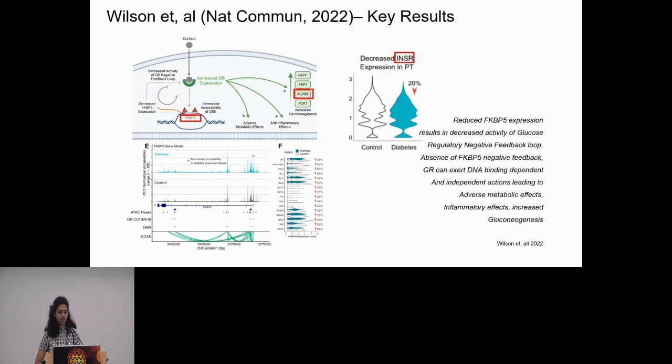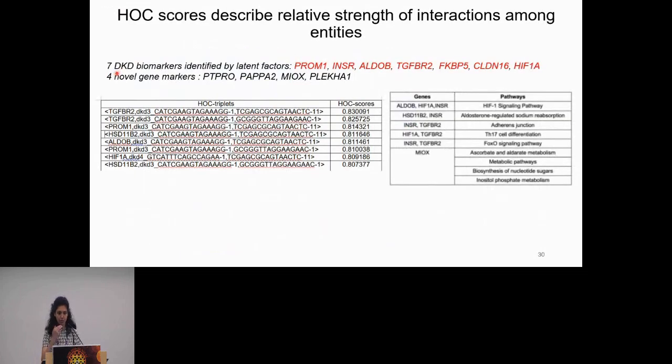We observed the seven DKD markers, some of which we also saw in the previous slide, identified by the latent factors, in addition to four novel gene markers that are implicated in various injury based pathways from kidney literature. And some of those, such as metabolic pathways or biosynthesis of nucleotide sugars, are also seen in the study. The Hawk scores obtained from the latent factors and correlation analysis capture the higher order correlations among the genes, the cells, and the peaks.